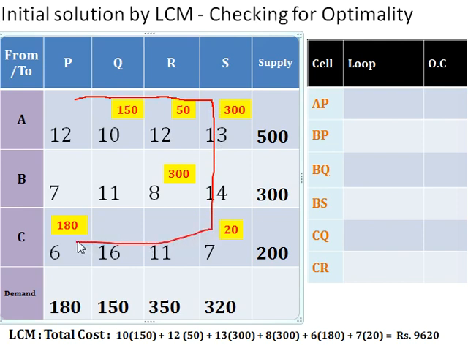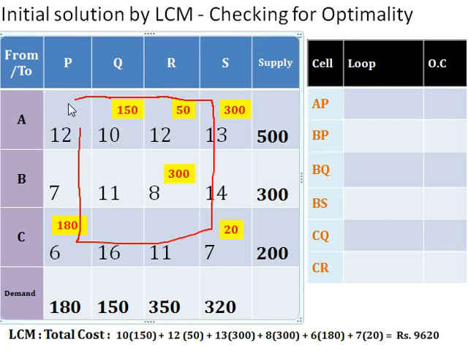As we know, for tracing a loop, the rule is you can go either horizontally or vertically, and you can take only 90-degree turns. So for that we have taken this loop. I hope it is clear to all.